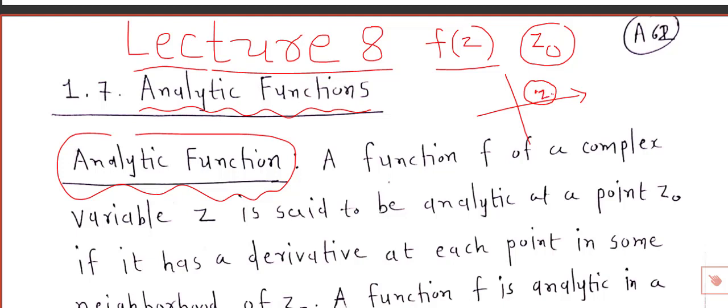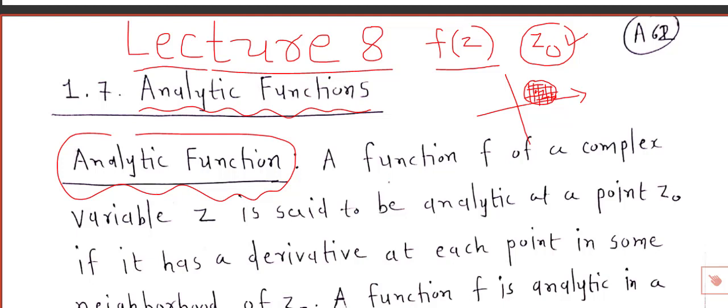I repeat again, the function is analytic at point z0 if we can find at least one circle with center z0 such that the function is differentiable at every point in that circle. The function is differentiable at every point inside that circle.